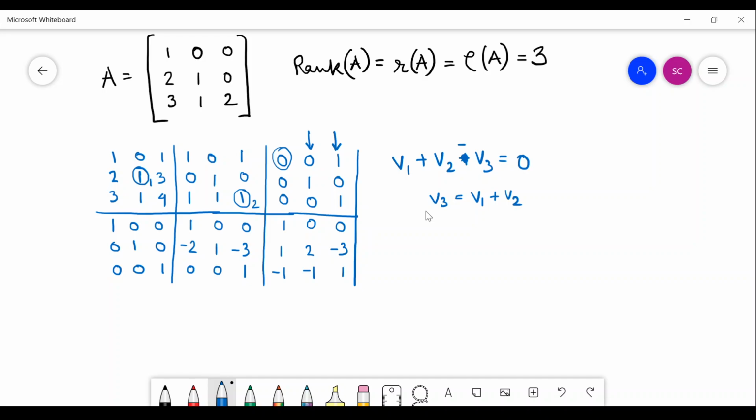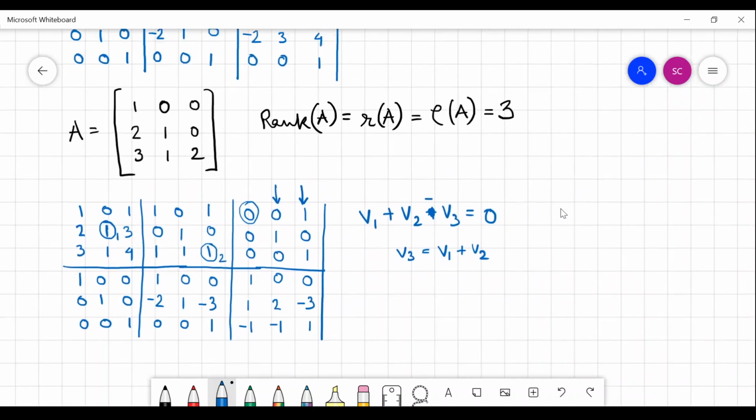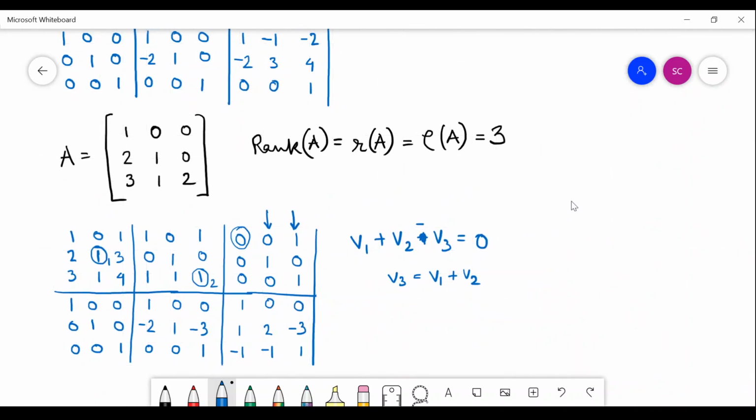Another way to check the rank of the matrix is to formulate the determinant of the matrix. Another way is to see whether the determinant of the matrix, which is also sometimes denoted as this, is 0 or not.